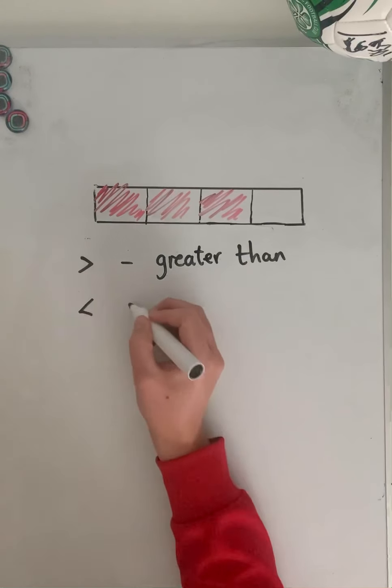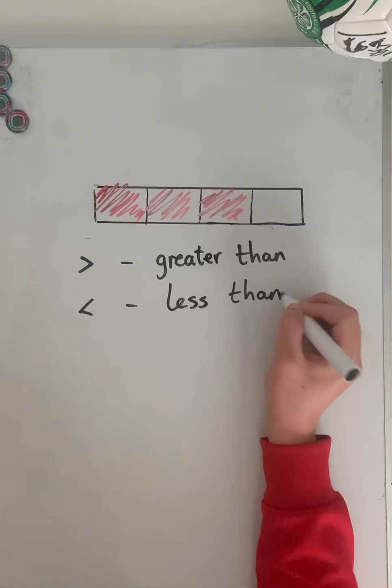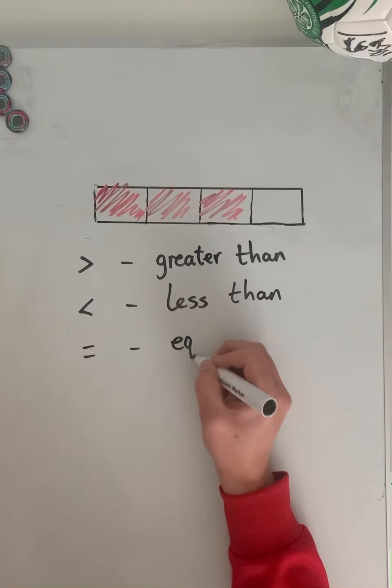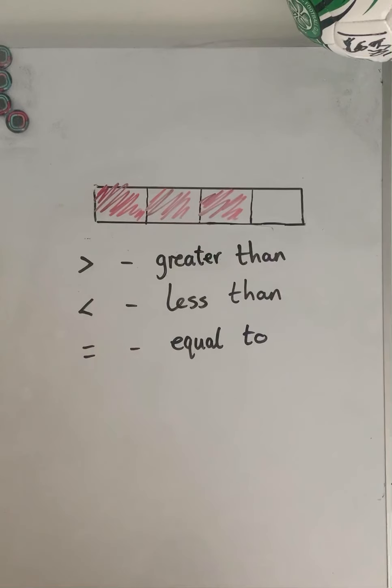This symbol here means less than. And obviously we already know that that symbol there means equal to. Okay, so we're going to be using those 3 symbols here to denote which things are smaller, which ones are greater, which ones are equal to, okay?